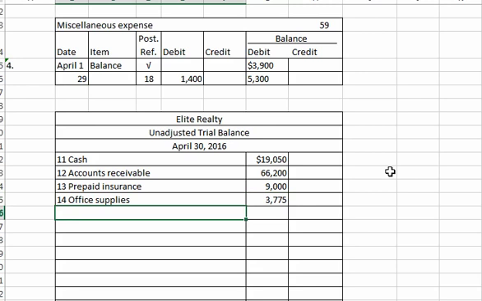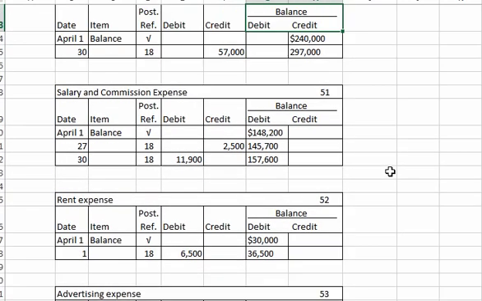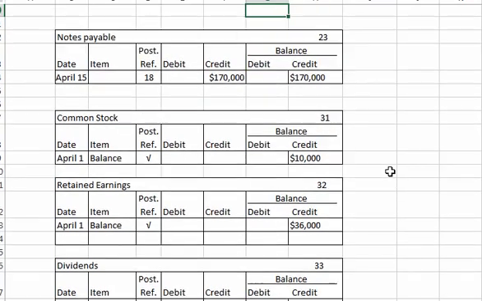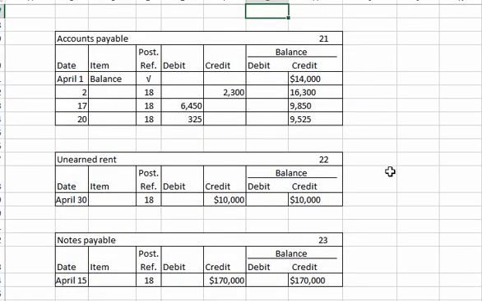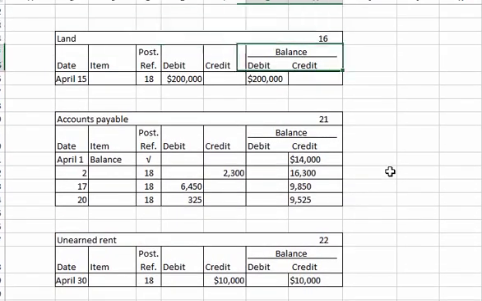Next we have land. Account number 16. I just happen to remember it's a debit balance of $200,000. Well, let's check that one. Come up till we find land. Here we go. Debit balance for $200,000.